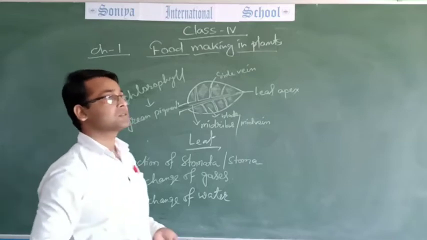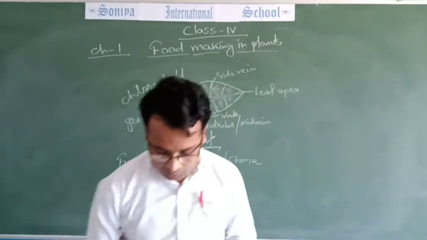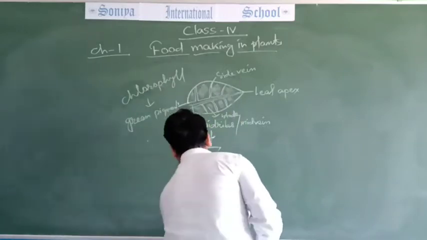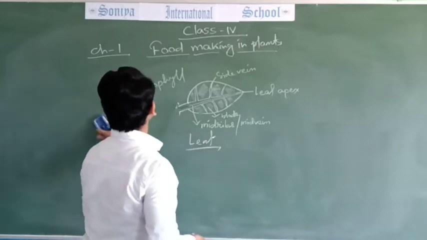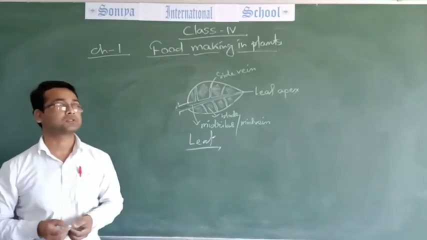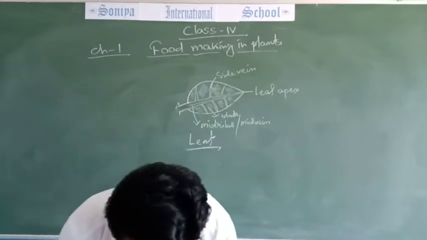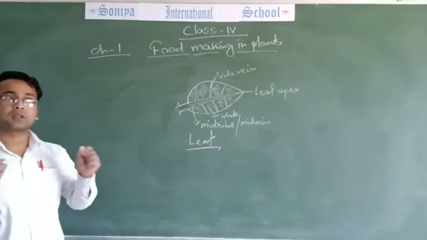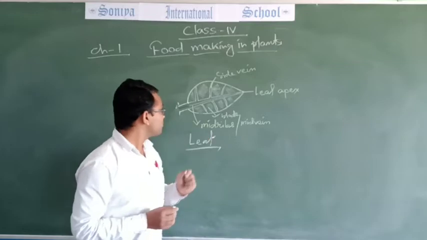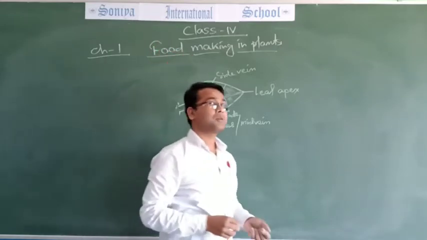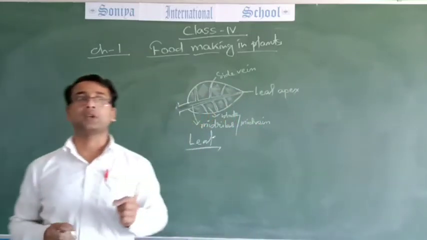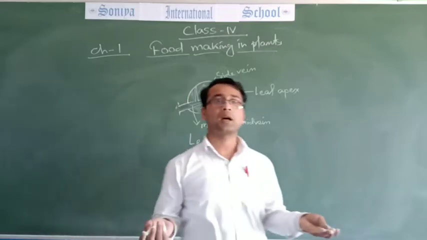How do plants make their food? Green plants, that means green leaves, make their food in the presence of sunlight and chlorophyll, by using water and carbon dioxide.